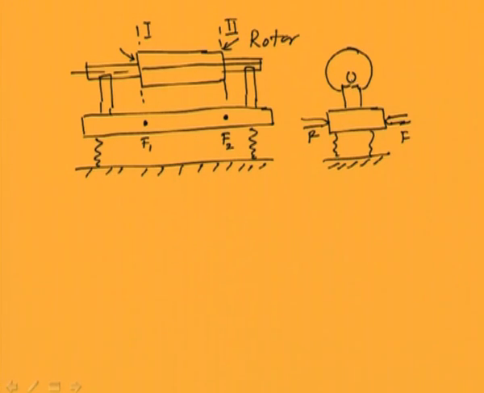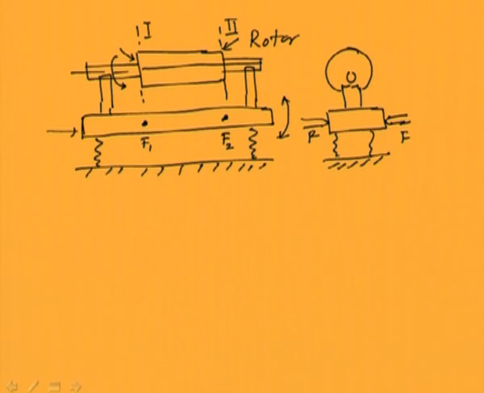Now when we are rotating the rotor by some external means, by a belt and pulley arrangement, we can fix this particular foundation either at F1 or F2. If we are fixing at F1, this whole structure can oscillate about F1, or when we are fulcruming about F2, the whole structure will oscillate about F2.